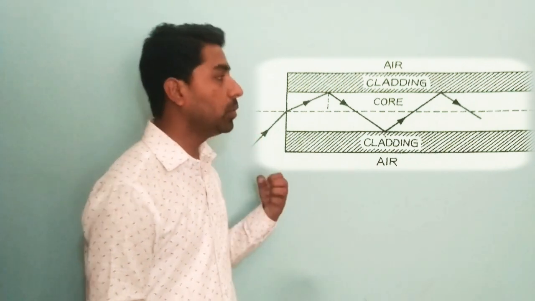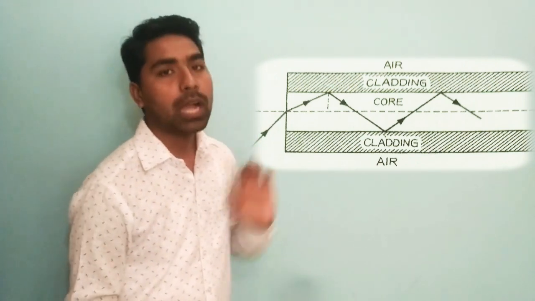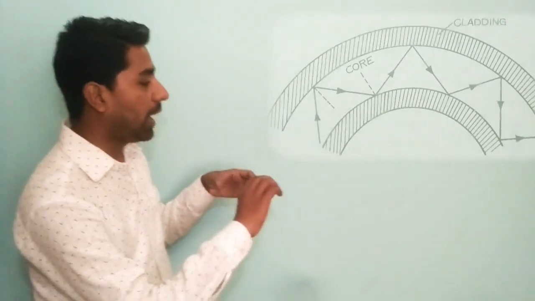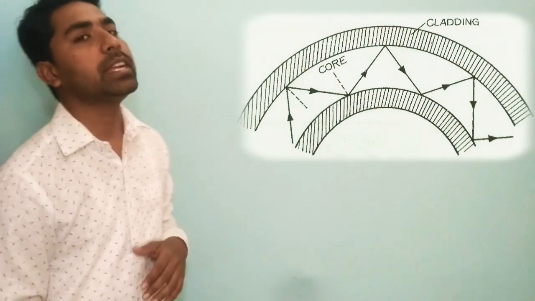So the audio, the light or any signal is transmitted from one end to another end. Suppose the optical fiber is bent like this, there is no change in the signal processing. The signal is received at the same angle at which you transmitted it in the optical fiber.